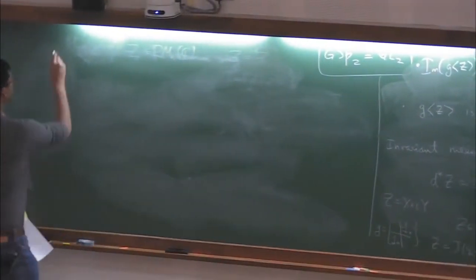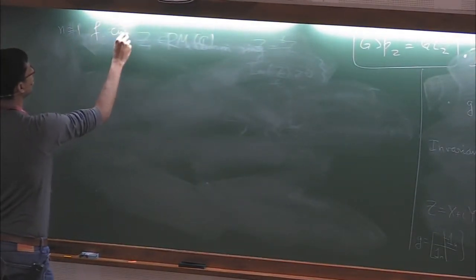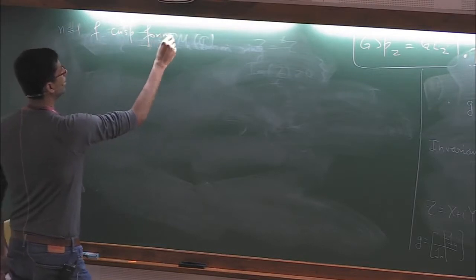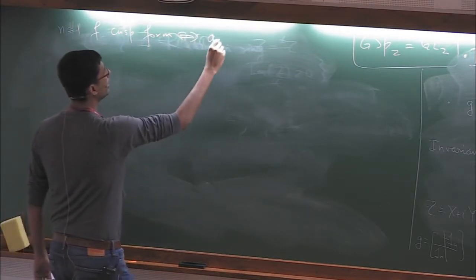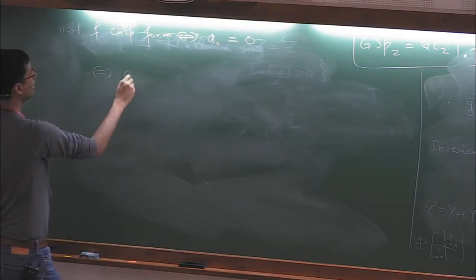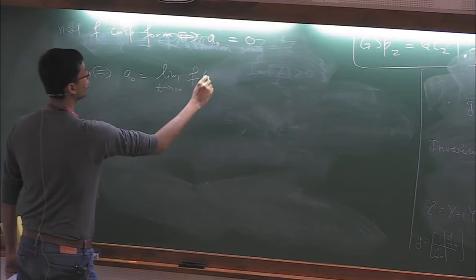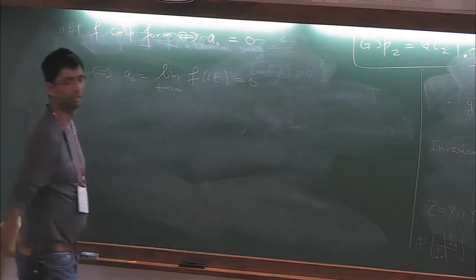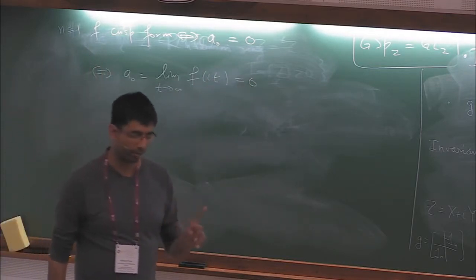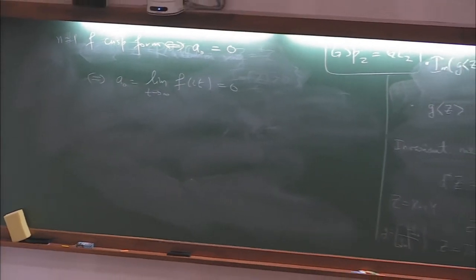If you have genus 1, then f is a cusp form by definition if and only if A0 is 0. But A0 you can achieve as the limit as t goes to infinity of f of it. So if you just restrict to the imaginary part and go along the imaginary axis to infinity, all the exponentials become 0 and you're just left with A of 0.